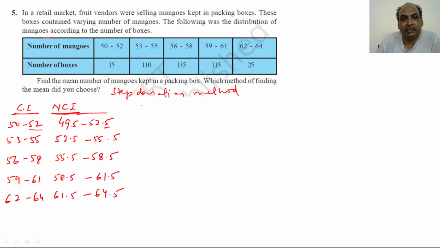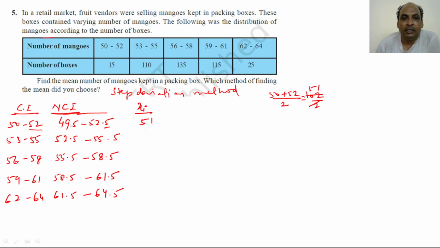And for this, now we will find xi. For 49.5 to 52.5, it is 50 plus 52 divided by 2, so 102 by 2, which is 51.